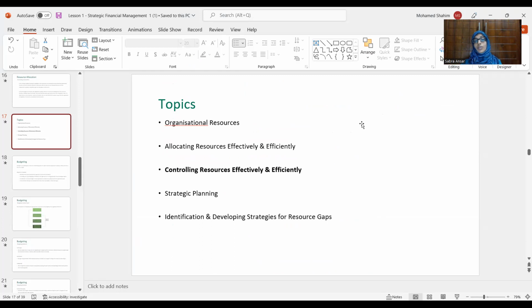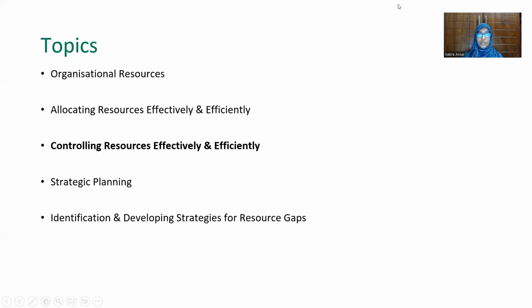And now why we started with allocating resources, because it's one of the main aims of this particular unit.